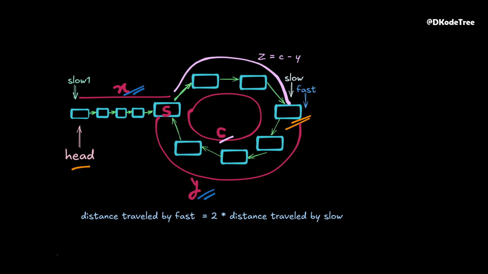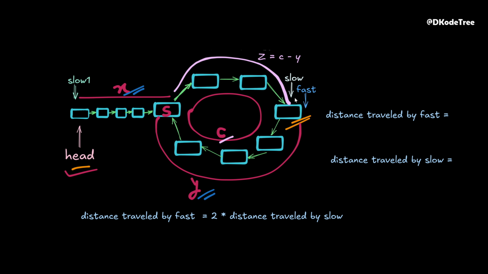Also, we know that in the first step, the distance traveled by the fast pointer is actually twice the distance traveled by the slow pointer, because the fast pointer is traveling at twice the speed of the slow pointer. Both the pointers are starting from the head, but the slow is moving by one step and fast is moving by two steps.